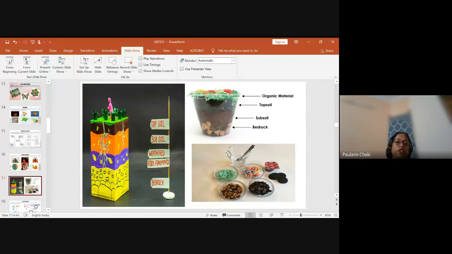They can represent soil by using toothpaste boxes. Now, the reduce, reuse, recycle concept we can introduce along with this activity. You can ask them to use some boxes, like toothpaste boxes, and there are many boxes which come, the cartons, small cartons.